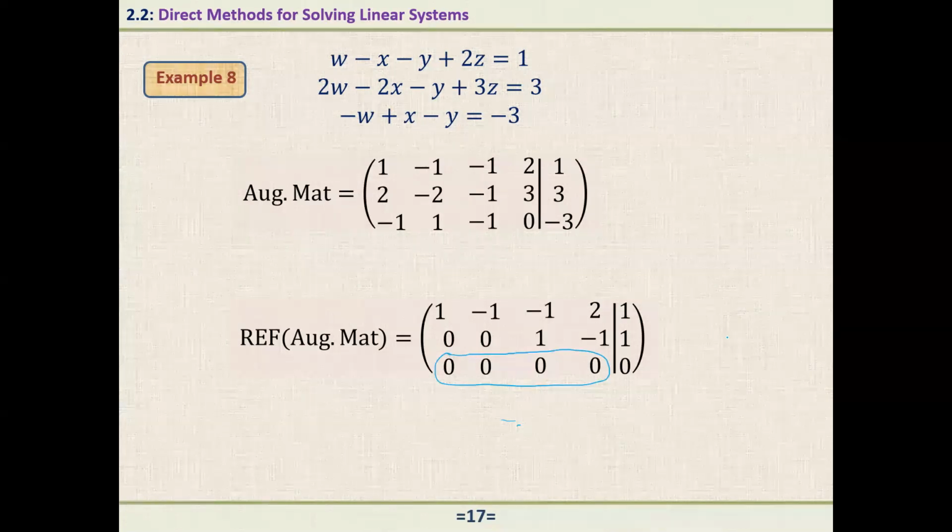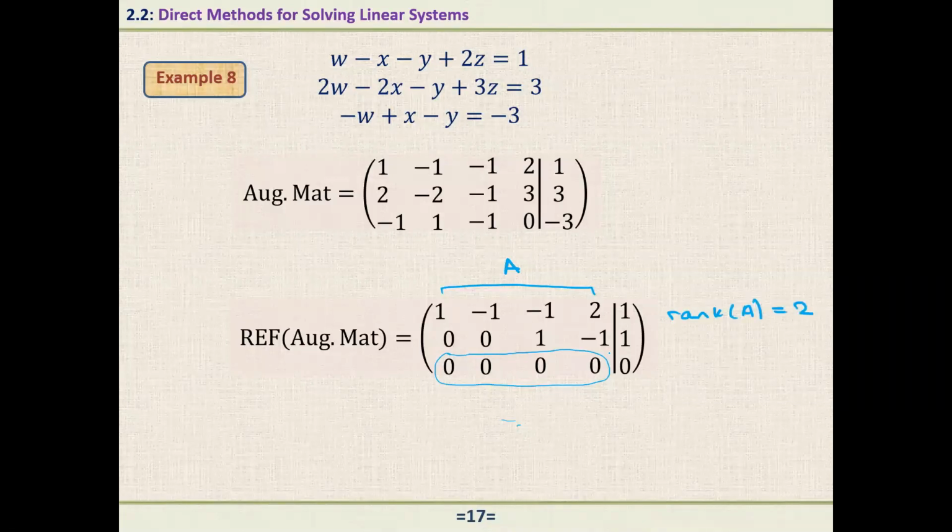Here we have 2. So if I denote this coefficient matrix as A, then the rank of A here is equal to 2. And how many variables do we have, excluding this augmented line, right? We have 1, 2, 3, 4. So we have 4 variables.